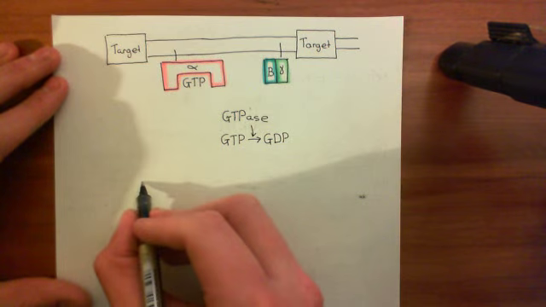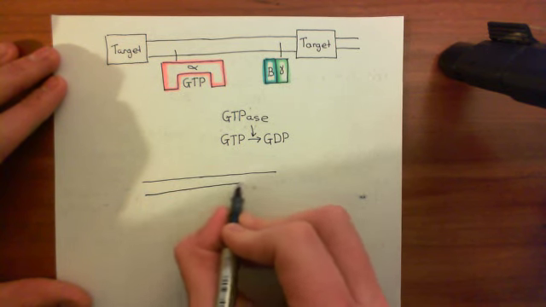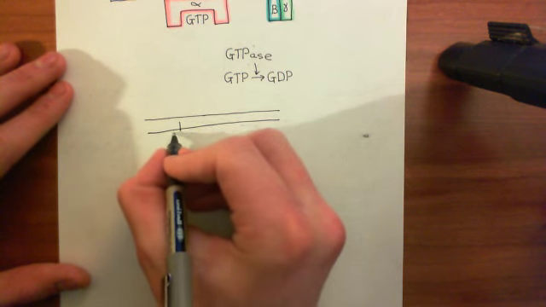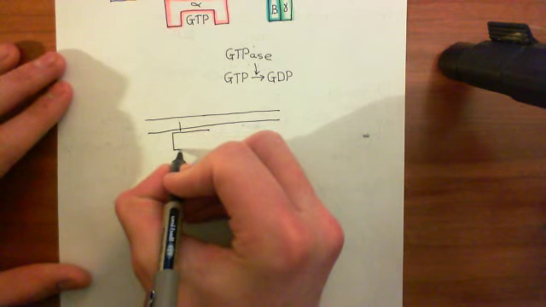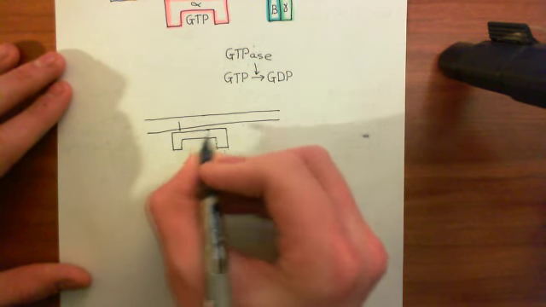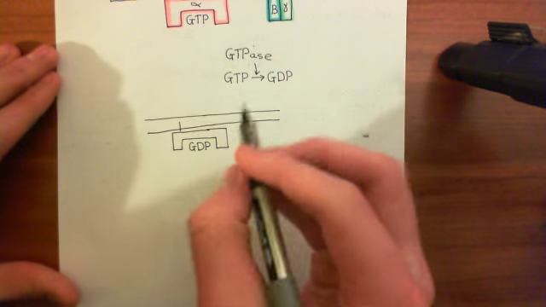So the alpha subunit will effectively turn itself off as soon as it starts actually doing some signaling. As soon as it starts binding to targets, those targets will activate it to switch itself off. Now we've got the alpha subunit with GDP bound to it.